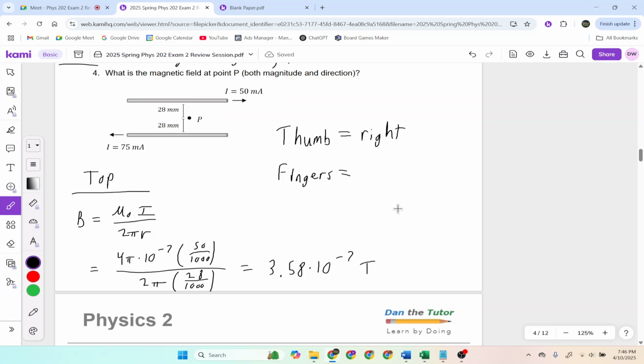Which direction is that? Down. Thank you. And then finally, if your thumb points right, your fingers point down, then that means your palm should be pointing into the page, which is this symbol right there, into the page.